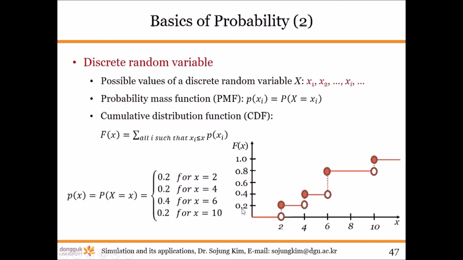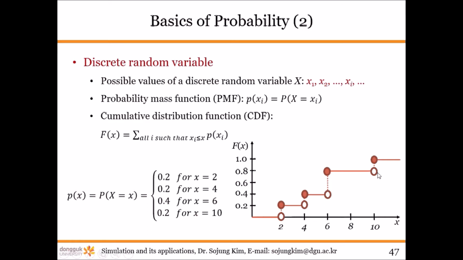So in the CDF, you have to add the probability value to the previous case. In other words, you have to accumulate the probability value over x. So start from 0.2 here, and then add another 0.2 when x equals 4, and when x equals 6, you have to add another 0.4, right, here, so that you will get 0.8 as the CDF when x equals 4 and 6.